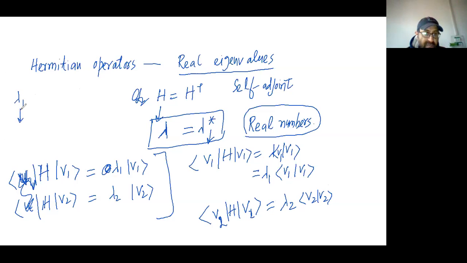Corresponding to lambda 1 we will have an eigenstate, let's say v1, and corresponding to lambda 2 we will have eigenstate v2. If we have different eigenvalues, how will the states corresponding to them look? We are just trying to see that.